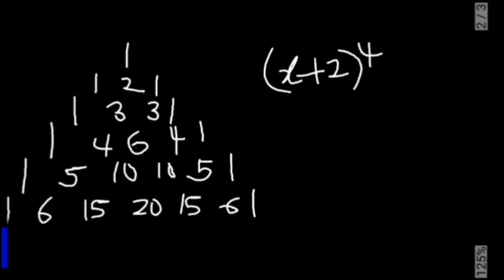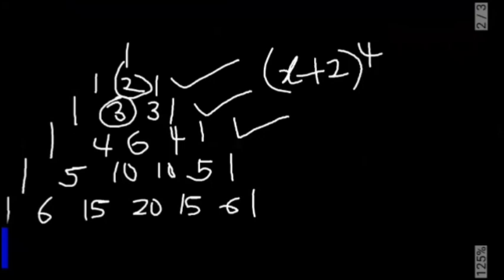So to expand it in the power of 4, in this Pascal triangle we are going to use this line. Like I told you earlier, when you're expanding in the power of 2, you use this line. When you're expanding in the power of 3, here we have 3, use this line. In the power of 4, after the 1, the next term is 4. In the power of 5, use this line.